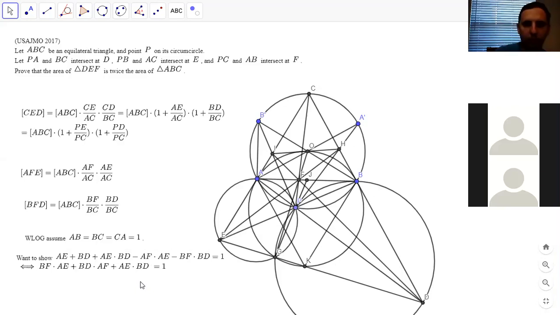So BF plus AF is 1. Yeah, it's the AE and BD.